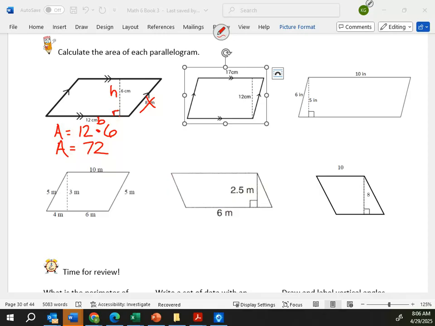If you make a mistake, you can figure out where you went wrong. Oh, I accidentally put the diagonal in instead of the height. I can see my mistake, I can learn from it. So we're going to show our work. Write the equation. You can use your calculator to solve the equation, but write your equation that you're going to put into your calculator.